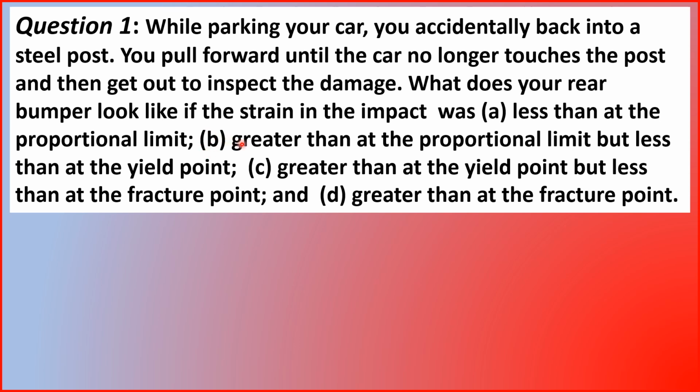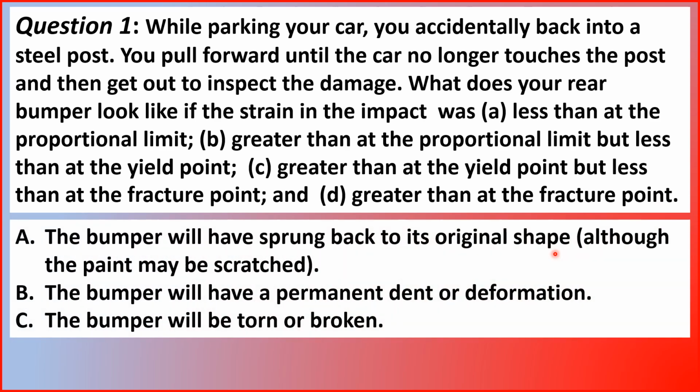Situation B, greater than at the proportional limit but less than at the yield point. Situation C, greater than at the yield point but less than at the fracture point. And situation D, greater than at the fracture point.